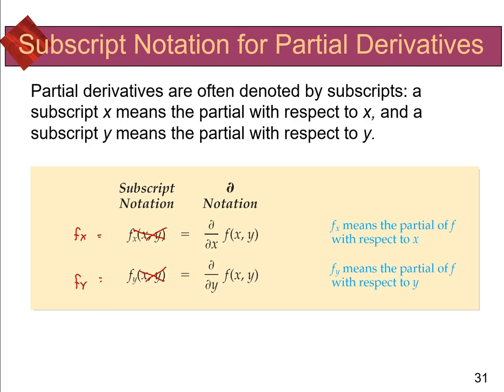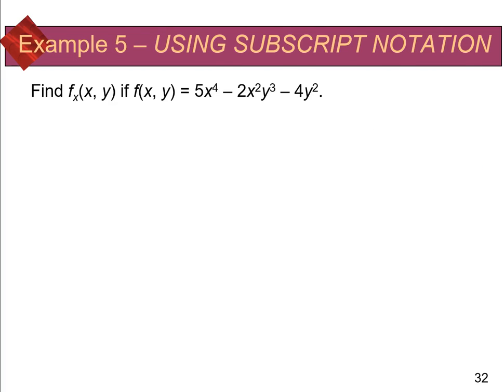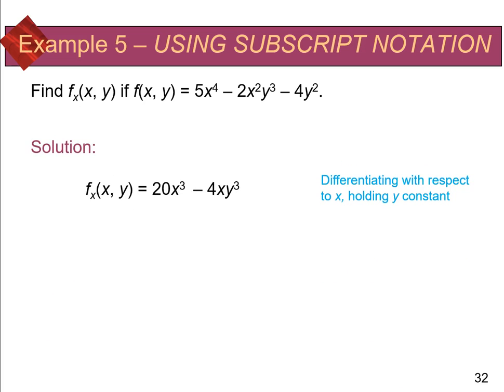So for instance here, for this first example, you're given f of xy is 5x to the 4th minus 2x squared y cubed minus 4y squared. They want you to do f sub x of xy, which means they want you to find the partial derivative with respect to x. So as I go through this, the derivative of 5x to the fourth with respect to x is 20x cubed.